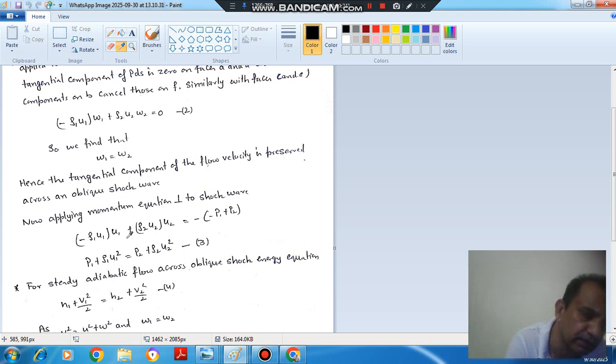From our basics we know that the momentum equation is P1 plus rho 1 u1 square is equal to P2 plus rho 2 u2 square. So this is your momentum equation.